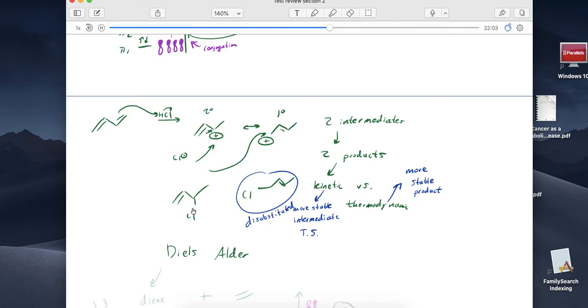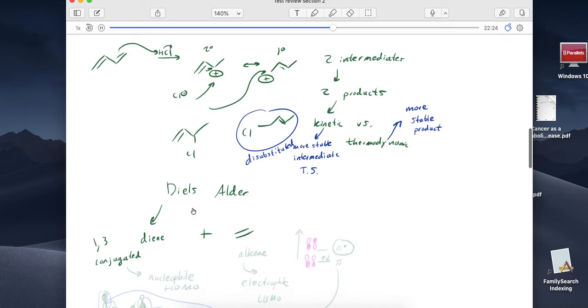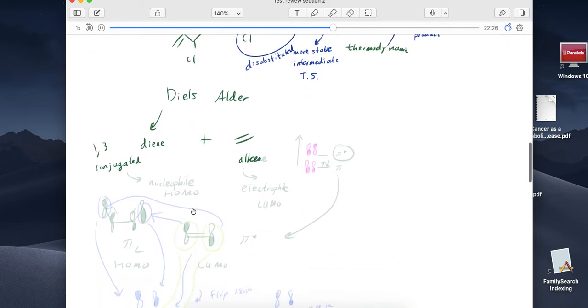The only other reaction we've seen a lot of, or really maybe not so much, but for Diels-Alder to work, we have to have the 1,3 conjugated diene plus just some alkene.